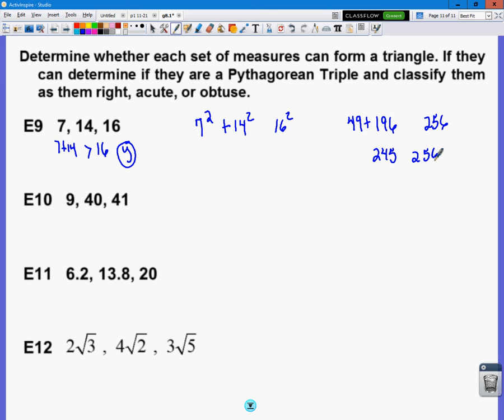Which side is bigger, the A squared, B squared, or the C squared side? If the C squared side got bigger, it became obtuse.